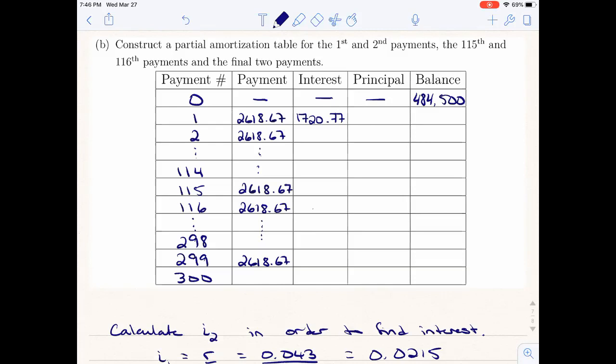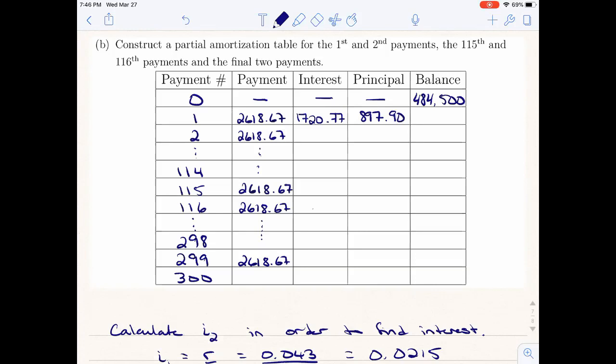So that we have to pay. We always have to pay the interest first, and then whatever's left over of our payment will go towards the principal and paying off the balance. So 2,618.67, that's our payment, minus the interest that we had to pay, 1,720.77, so 897.90 is paying off the principal.